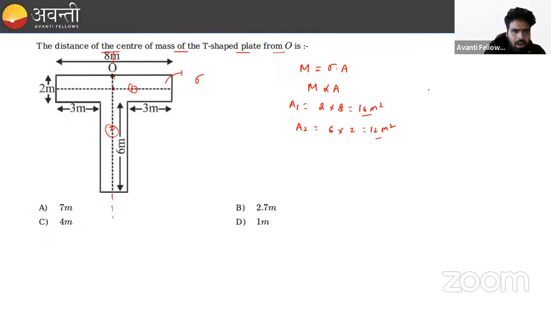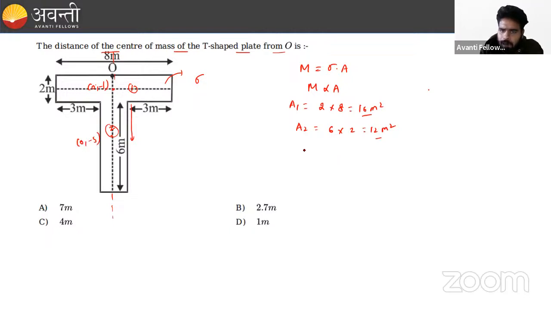What is the location of this point? We can say 0, -1. Here, this is the geometrical center of the lower portion. What is the distance of this geometrical center from point O? This distance is the midpoint 3, plus 1 is 4, plus 1 is 5. So this will become 0 comma minus 5.